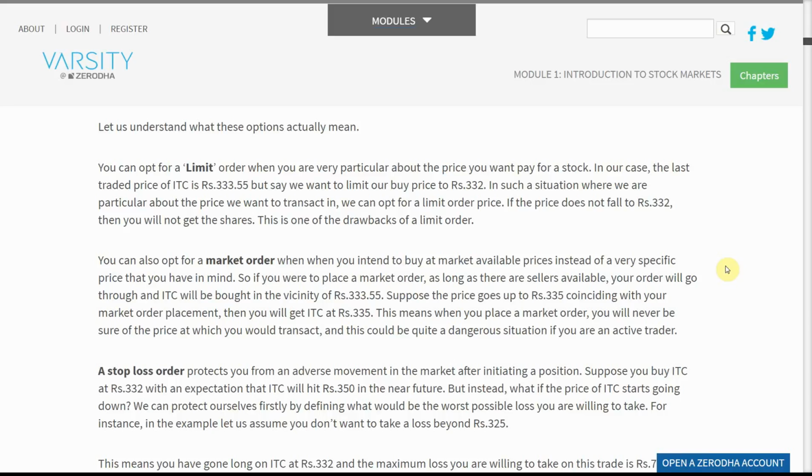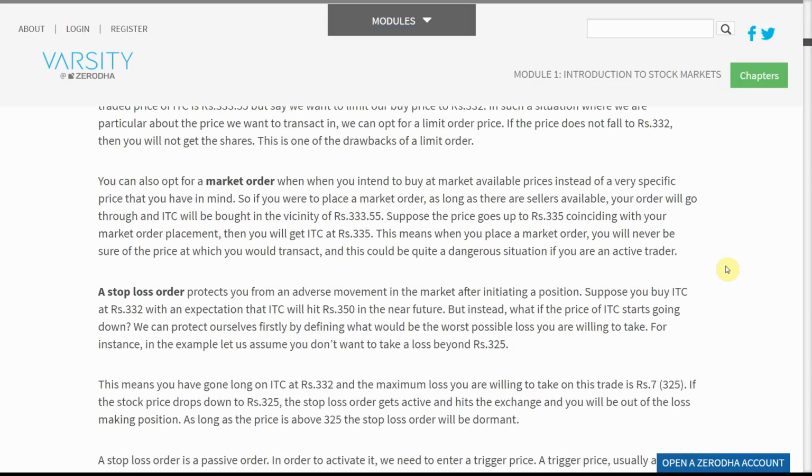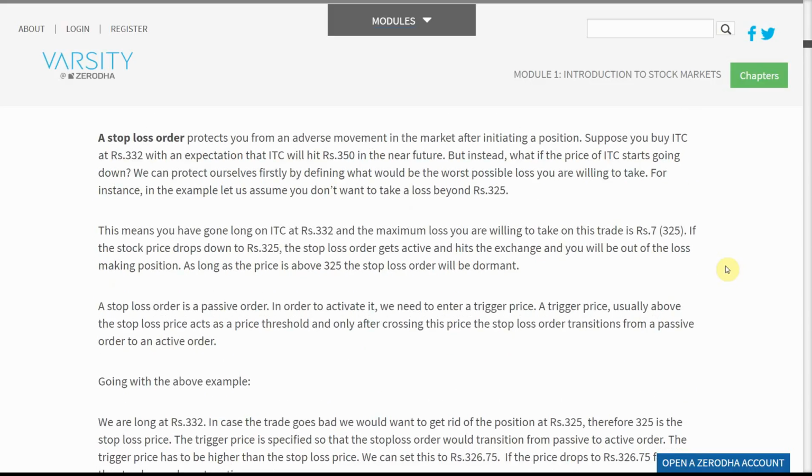For instance, in the example, let us assume you don't want to take a loss beyond 325 rupees. This means you have gone long on ITC at 332 rupees and the maximum loss you are willing to take on this trade is 7 rupees, at 325. If the stock price drops down to 325 rupees, the stop-loss order gets active and hits the exchange and you will be out of the loss-making position. As long as the price is above 325, the stop-loss order will be dormant.